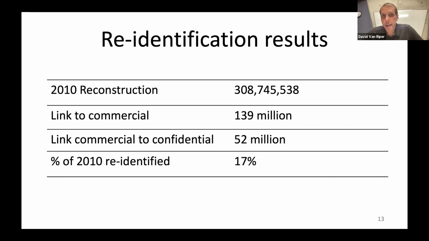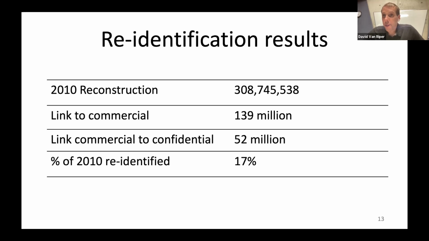So in terms of the re-identification results of this experiment, the Bureau was able to reconstruct 308 million individual records from the 2010 Decennial Census. Of those 308 million individuals, they were able to link 139 million of those records to the commercial database on block ID, sex, and age.